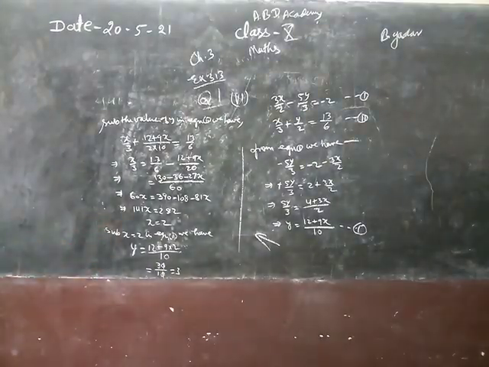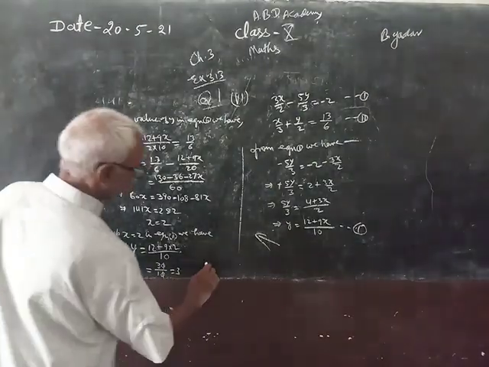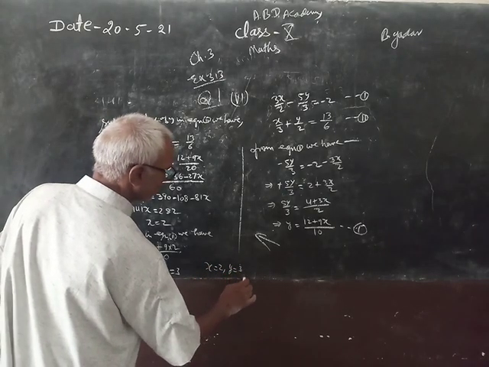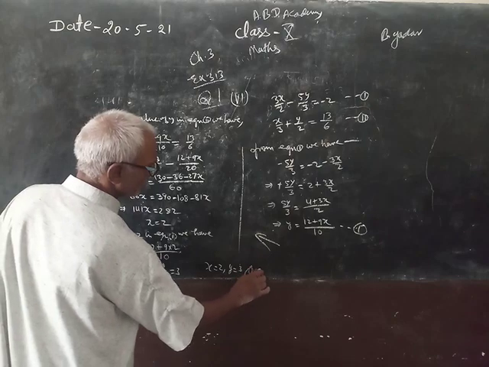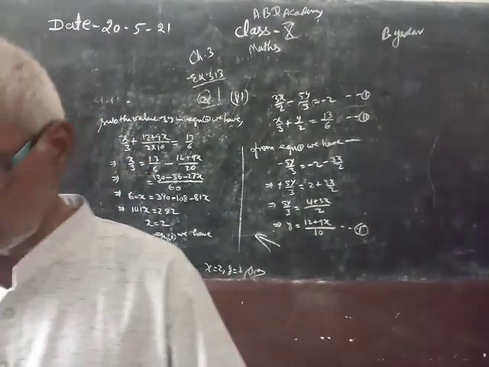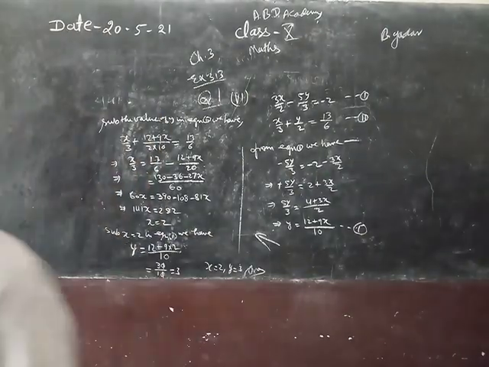Therefore x is equal to 2 and y is equal to 3 is the solution of this simultaneous equation by the given substitution method.